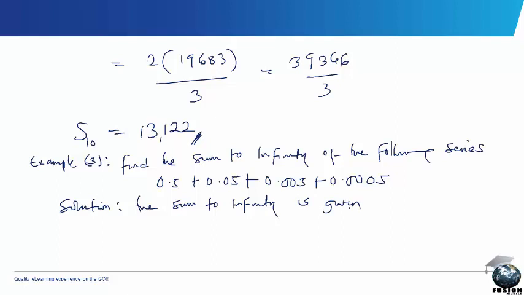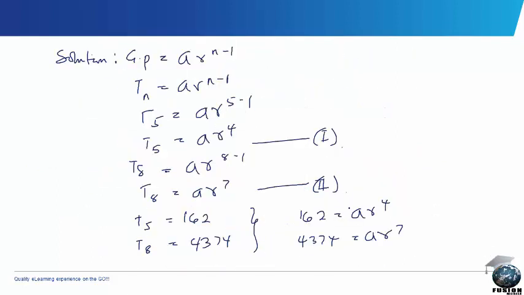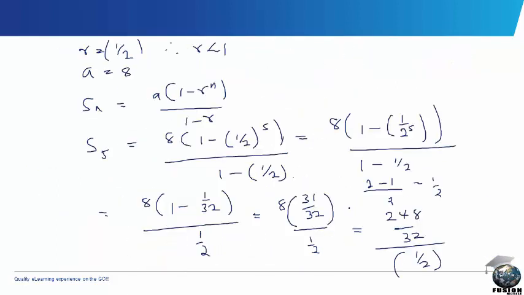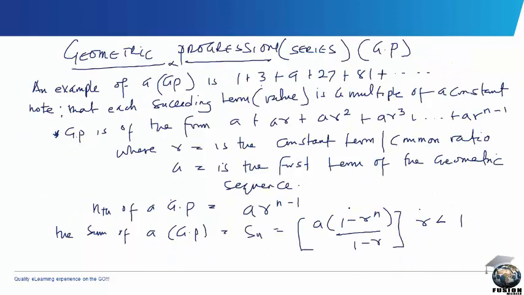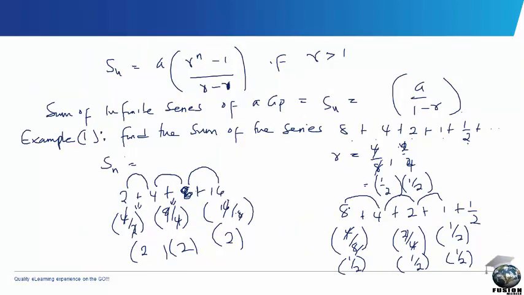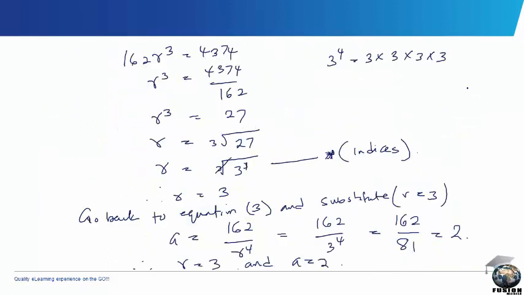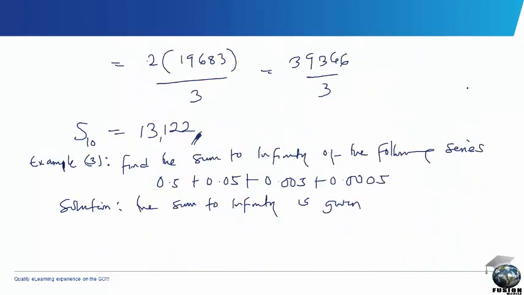Solution. The sum to infinity is given as follows. We check our previous equations; you find that we wrote out equations for the sum to infinity. The sum to infinity S is equal to a over 1 minus r.